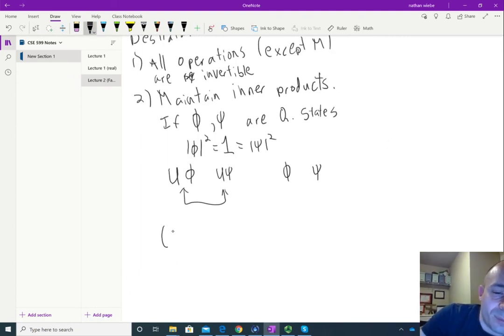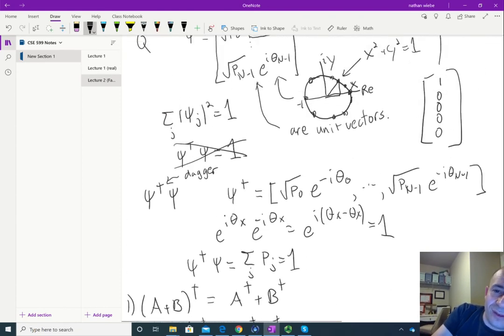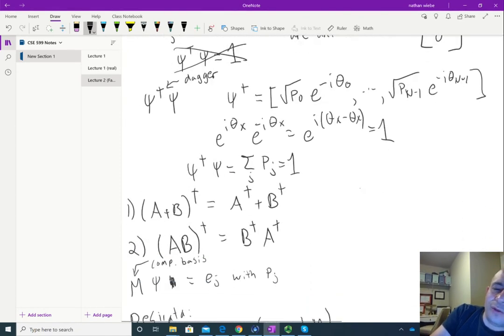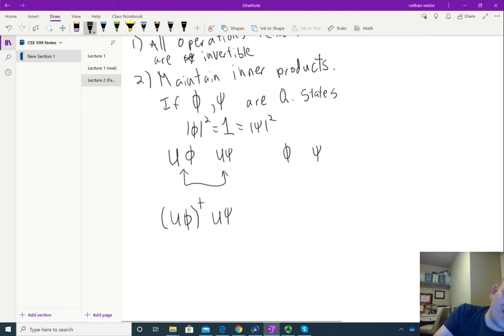So let's actually just figure out these inner products. The inner product between U phi and U psi is going to be this. Because again, we would normally take the transpose in order to figure out the row version of this column vector over here. But because they're complex, in this case we've also got to take the complex conjugate, and that's why the T turns into a dagger.